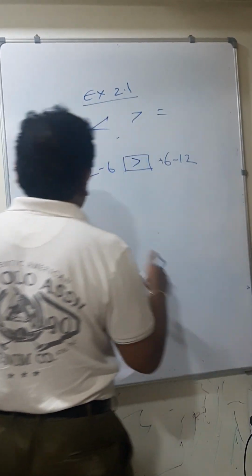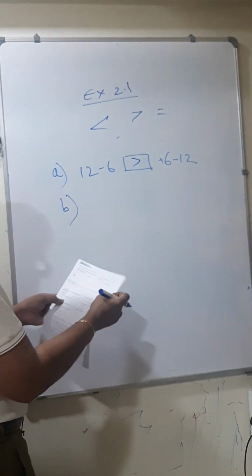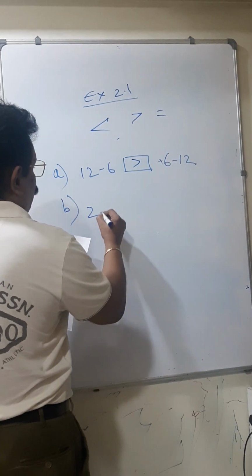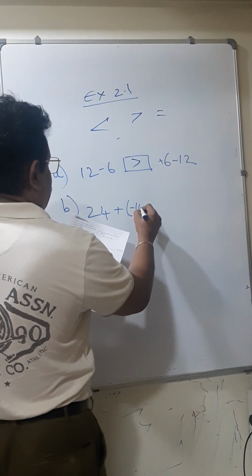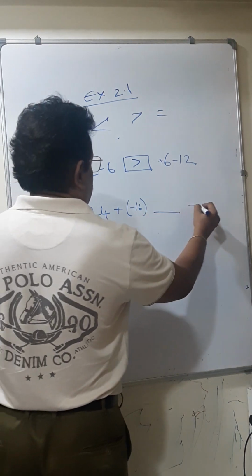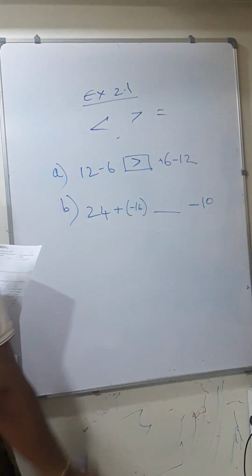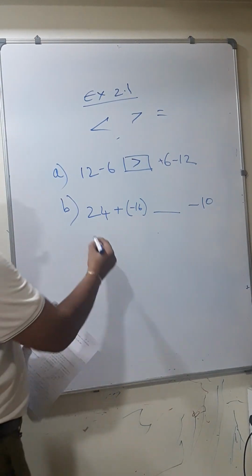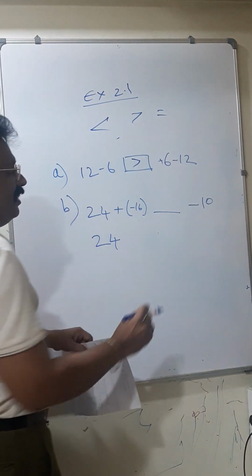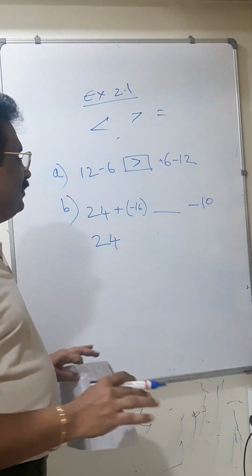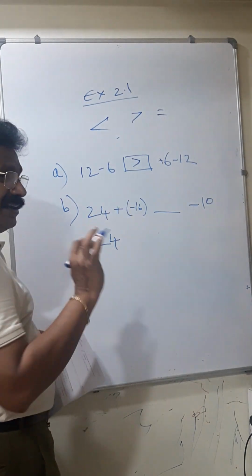Okay, this is how you do. Now second one, B. 24 plus minus 16 dash minus 10. Again here there is a catch. 24, you are adding minus 16, which means it is subtracting 16 itself, because plus into minus is minus always.